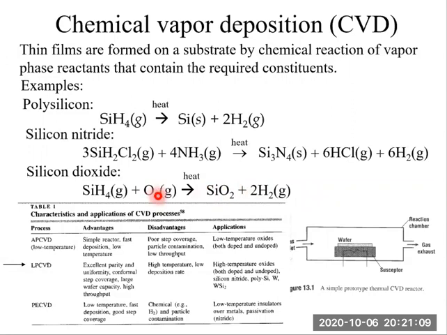Oxygen reacts with silane to form silicon dioxide, not silicon. Because of this, silicon dioxide can be deposited on, for example, metal surfaces using CVD. But we cannot do that using thermal oxidation.